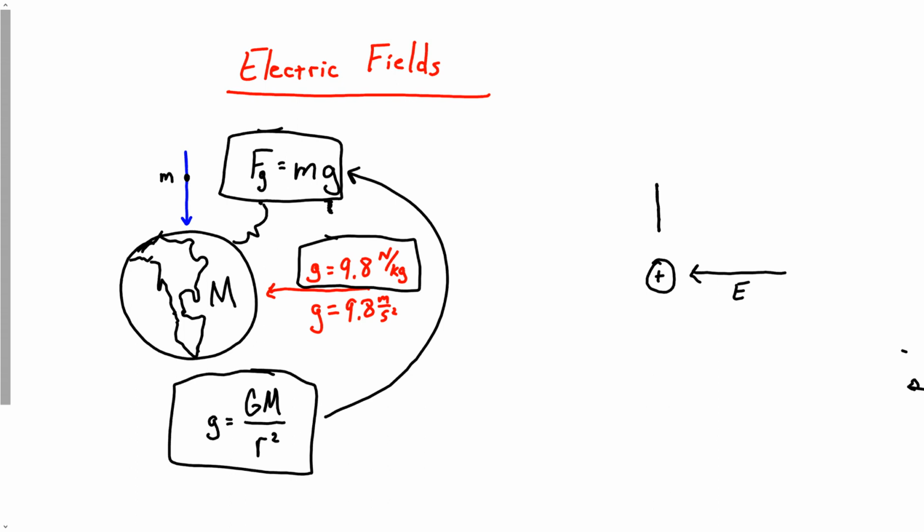So we've got this electric field that's going straight at this positive particle. Now the cool thing is if we had a negative particle, then the fields run away from the negative particles. And that's what's important for you to be able to recognize.